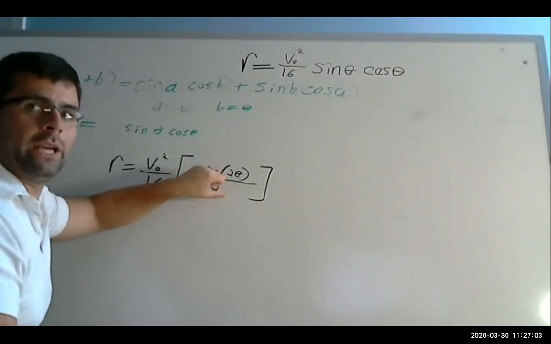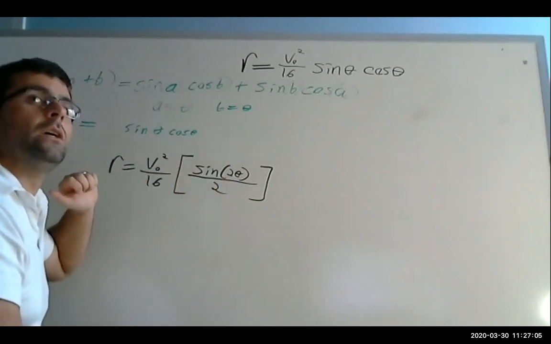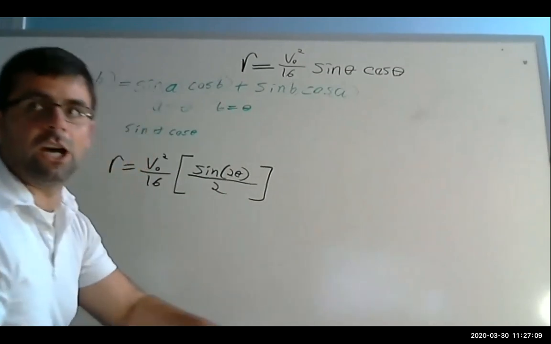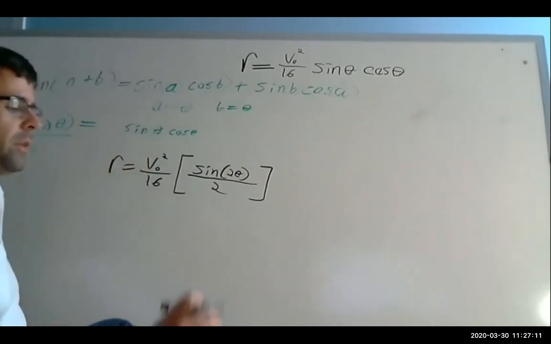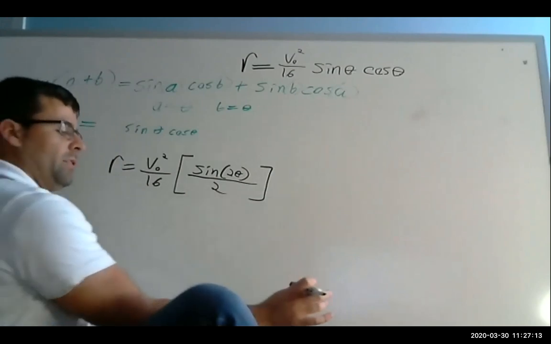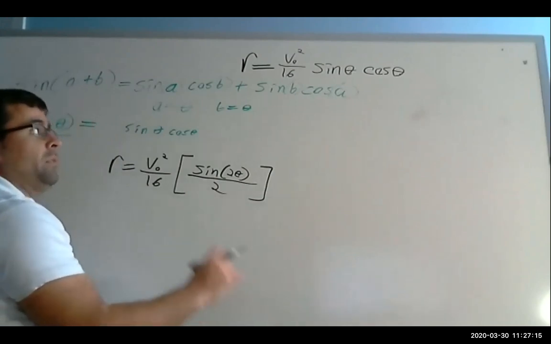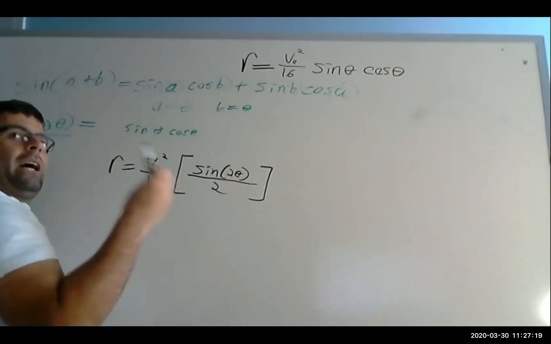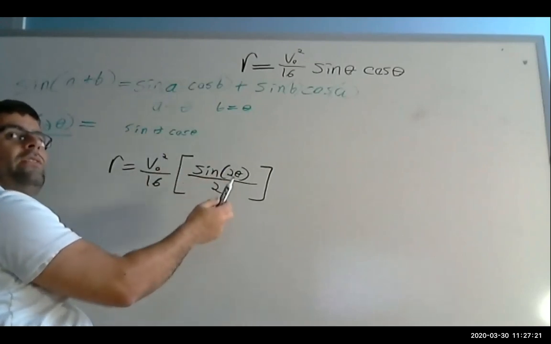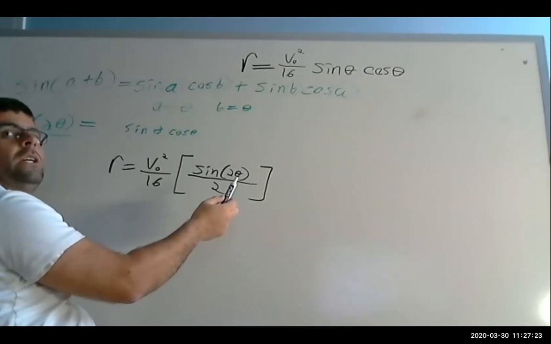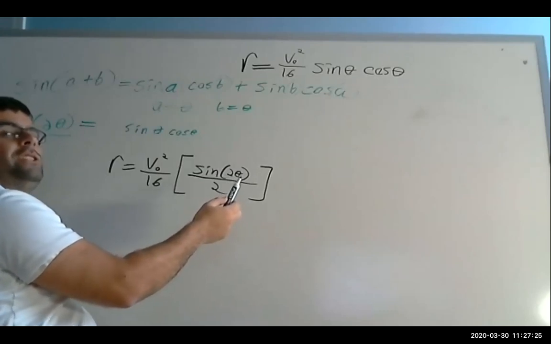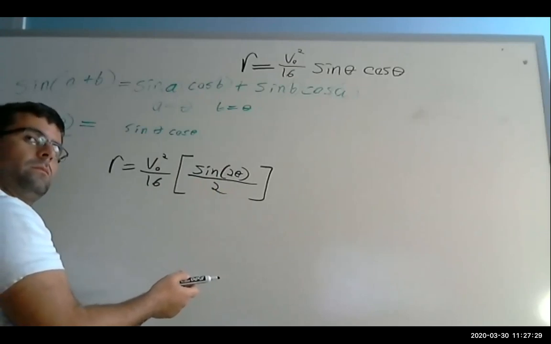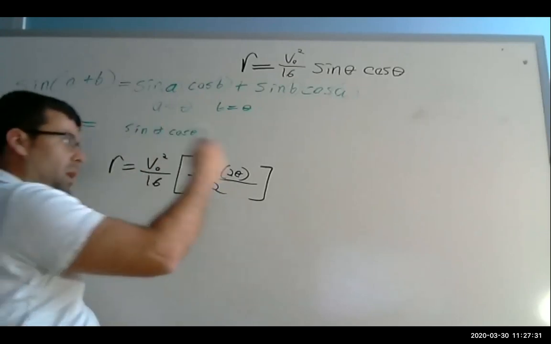You can't like go in and take stuff out. If it's in the function, it's kind of protected, and you would have to do some other crazy stuff. But that's the whole point of these rules that we're learning, is it allows you to mess with stuff that's in the function, because you can't just divide a 2 out. You have to go through this process.